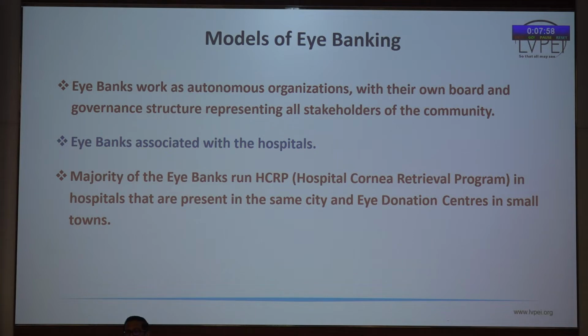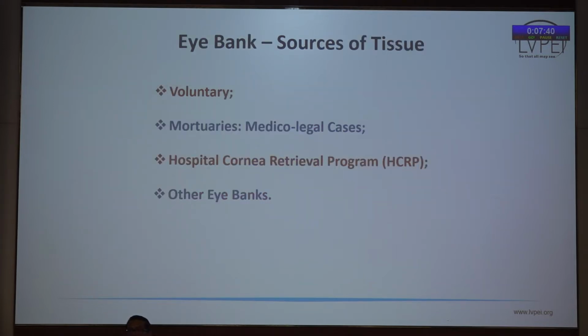And whether it is autonomous or associated with a hospital, most of them get the cornea from HCRP. In HCRP, again, the source is mostly the mortuary, and the inpatient department and ICU contribute less. Like source of tissue, it can be voluntary. Also, what is the percentage across our network?